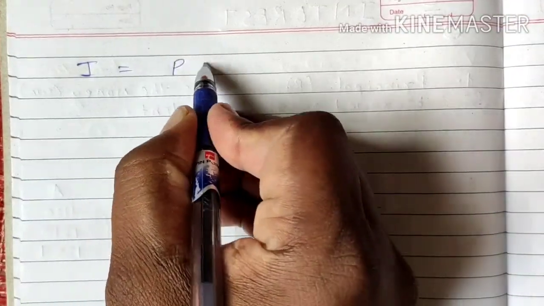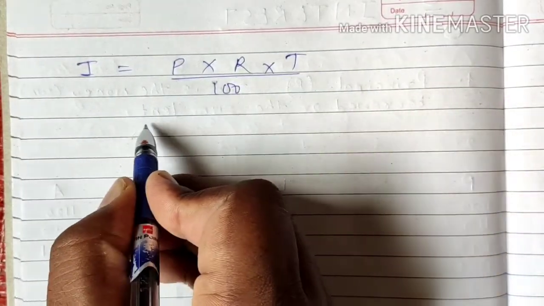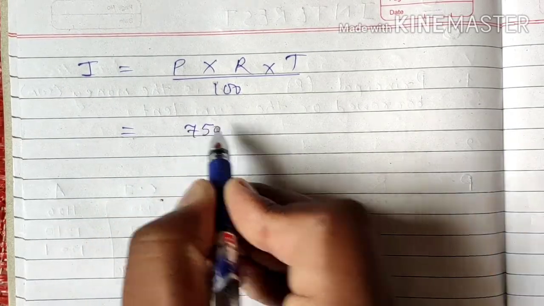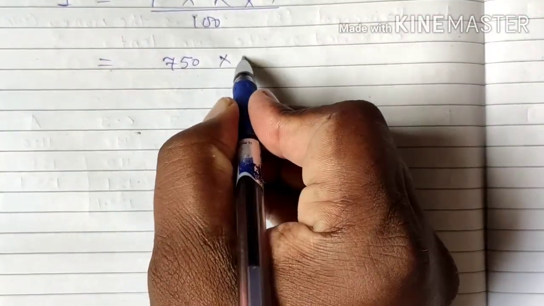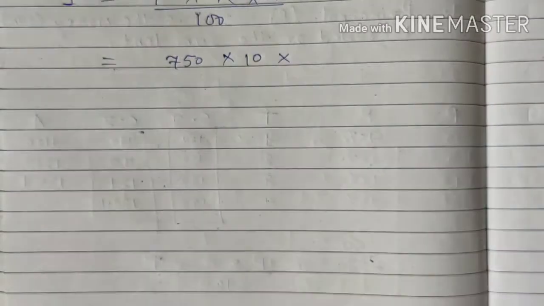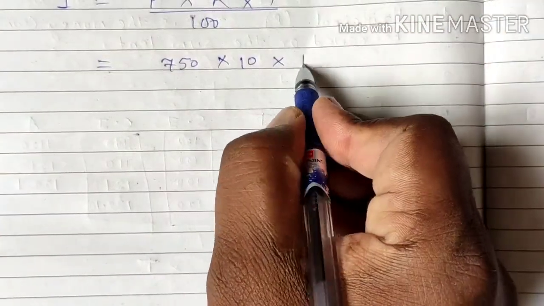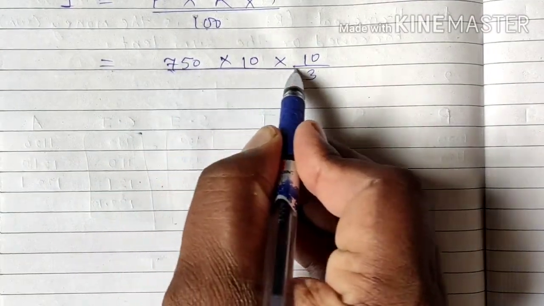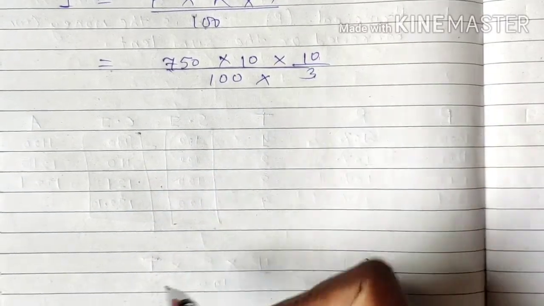To calculate the interest, we have this formula: P multiplied by R multiplied by T upon 100. The principal was 750, the rate of interest was 10%, and the time was 10 upon 3, with 100 in the denominator.